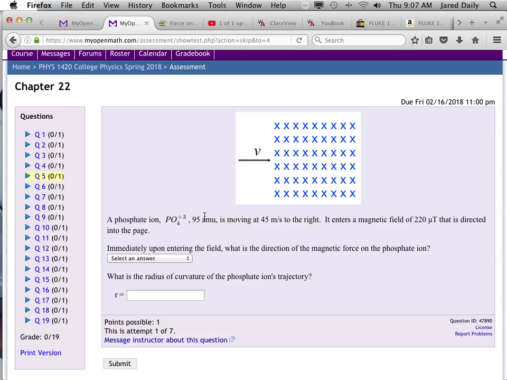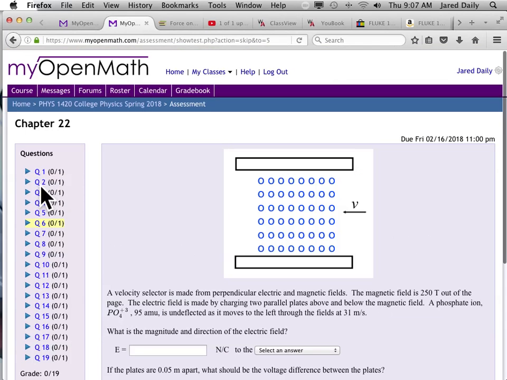Some want the actual velocity, calculated from the field strength. They got different things that they're going to ask you. You're going to have to use the right-hand rule a lot, and the equation for the Lorentz force.